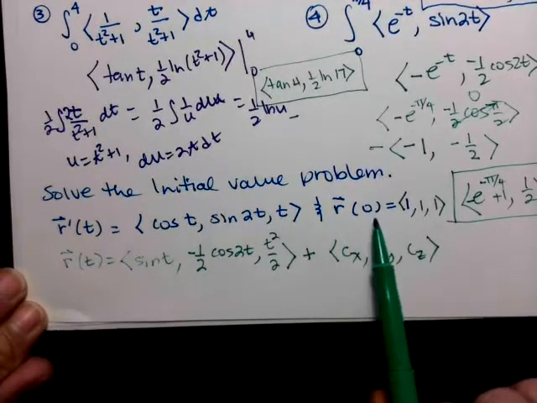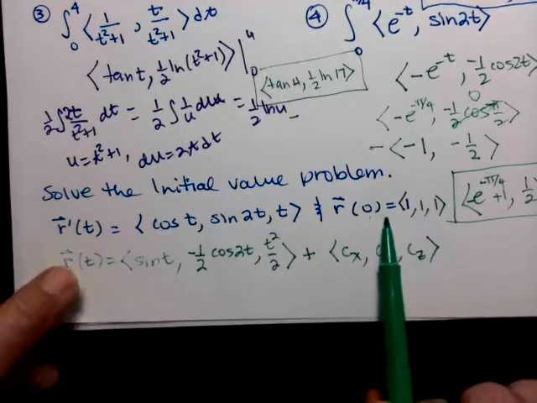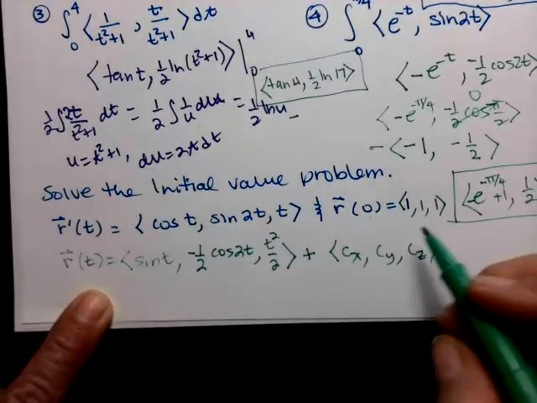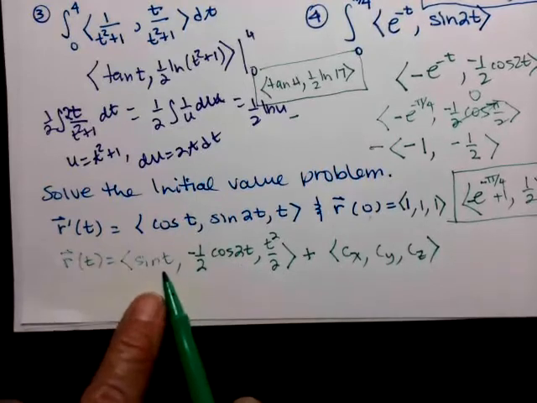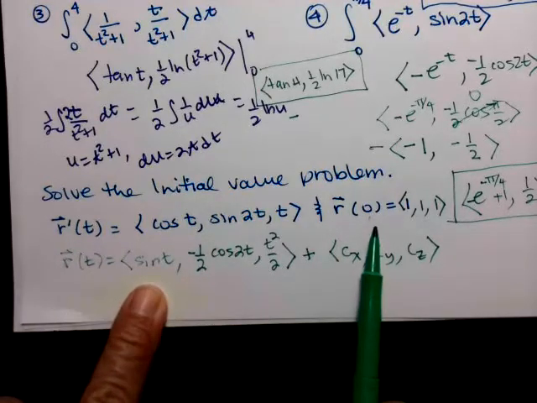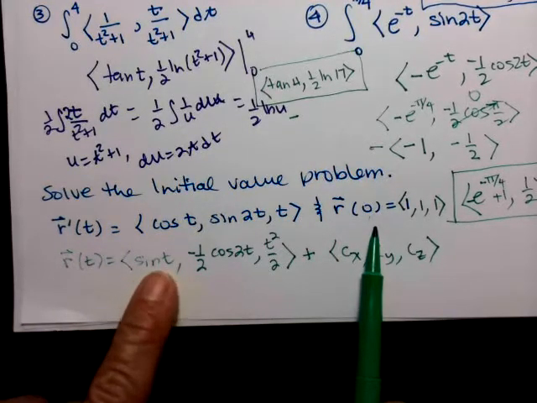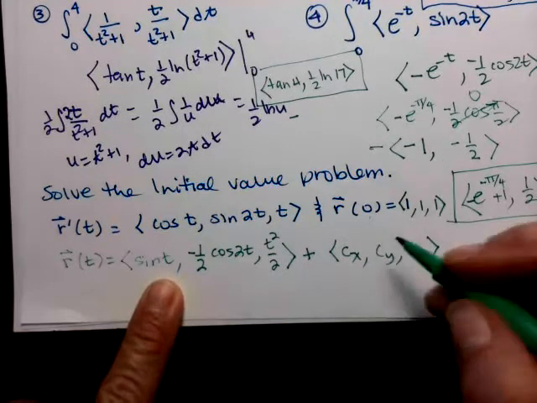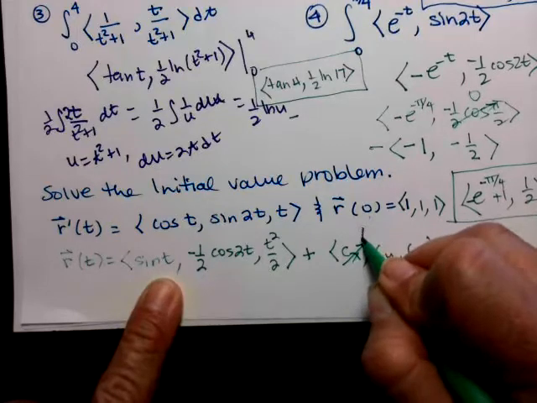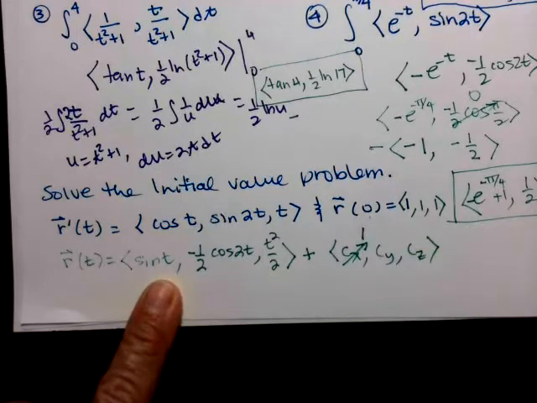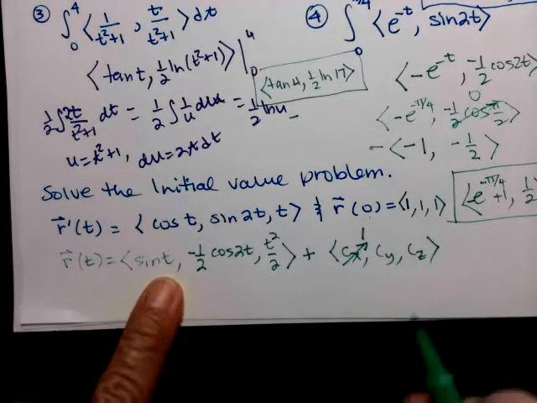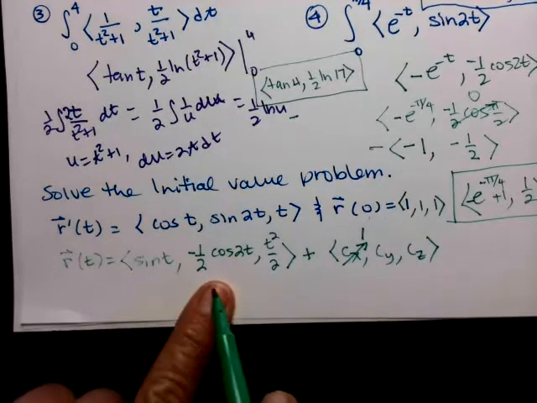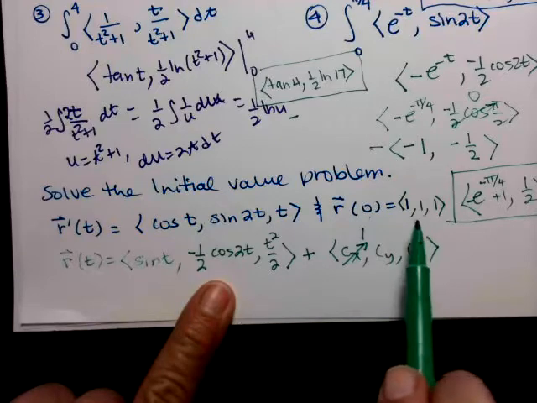So I know that when t is 0, I want my final answer for the r vector to be 1, 1, 1. Okay, so we're just going to go term by term. So sine of 0 is 0, but I want it to be 1. That tells me that cx is going to be 1. Okay, so now we'll check the y version. R of 0 for the y part, I want to be 1.